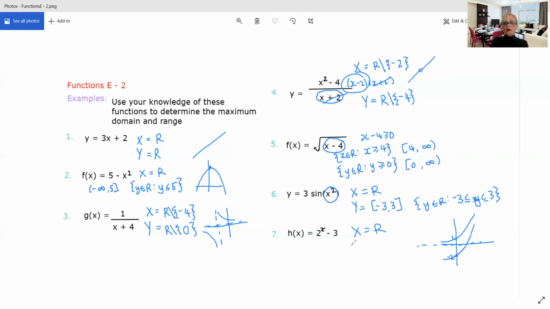So all your y values are going to be greater than negative 3. So we're not going to include the negative 3. It's never going to actually touch negative 3. So we could write it like that. We could write it like this. Something like that.